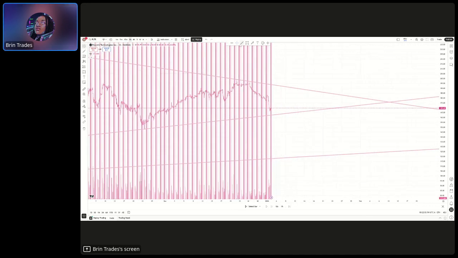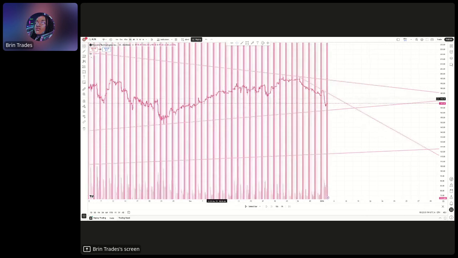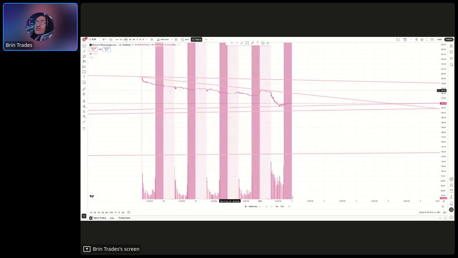There is some movement to the downside still. I could generously put a line from here to here. Let's move down to the 15-minute.